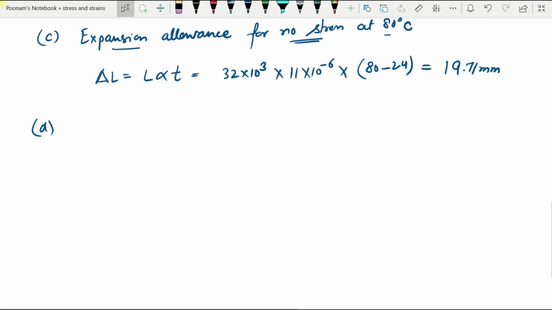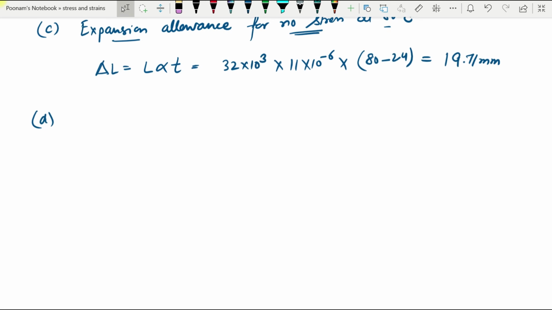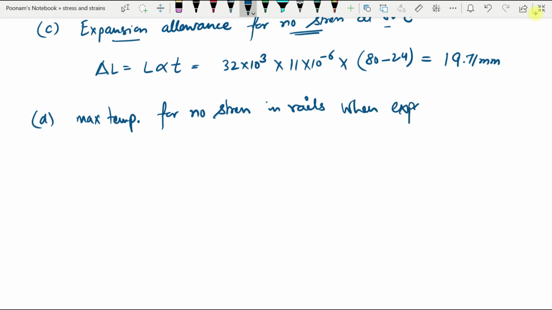Part D, which is the last part of the numerical, tells us to find the maximum temperature for no stress in rails, when expansion allowance is 8 mm.